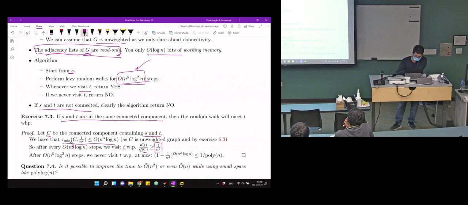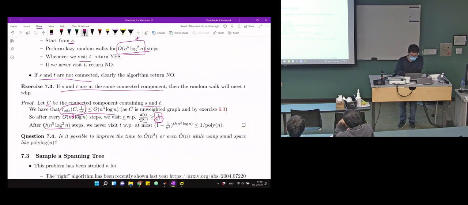So you just perform t-mix steps of random walk, n squared times log n many times. That is like n cubed, n to the 5th. The probability that you never visit t is very small.